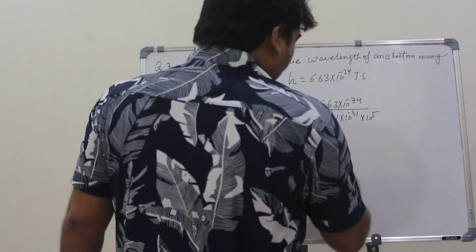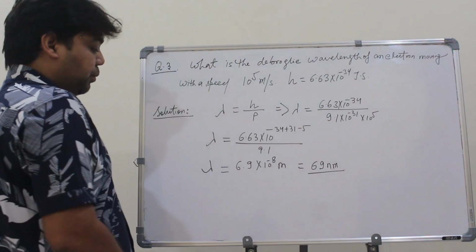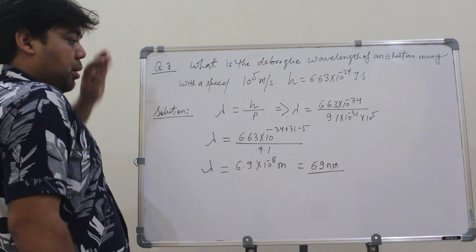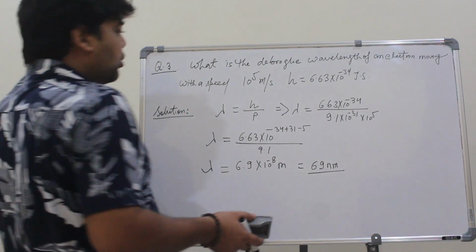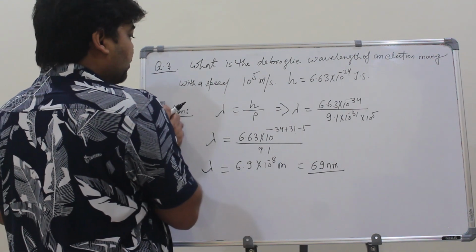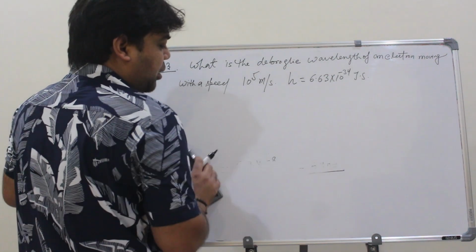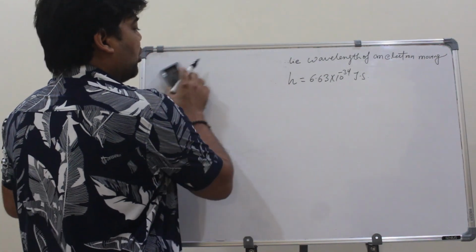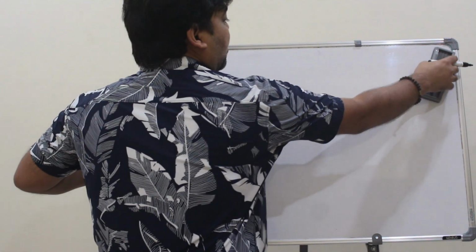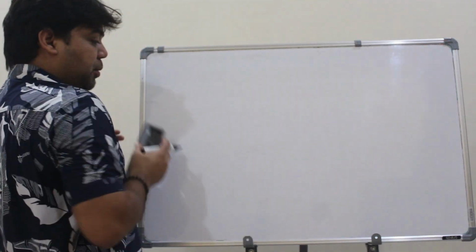So this is the wavelength of the electron. This is a simple problem. Now let us go to another problem. We will try to understand more problems; today we are discussing very simple problems.